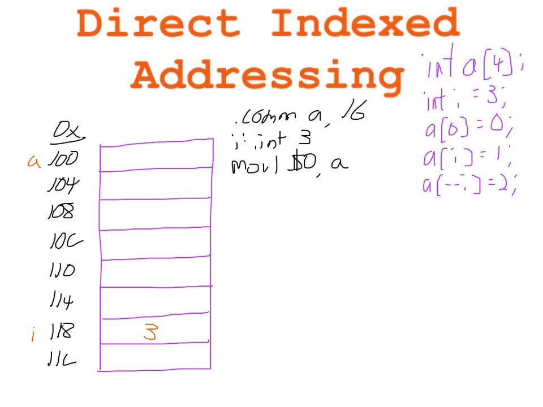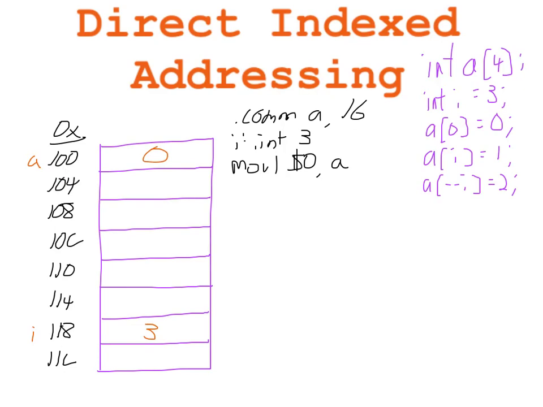By accessing A directly here, what we're saying is move 0 into the address of A. In our memory map, the address of A is 100. So we're simply going to move 0 there, and that's the same thing as setting position 0 of array A to 0.